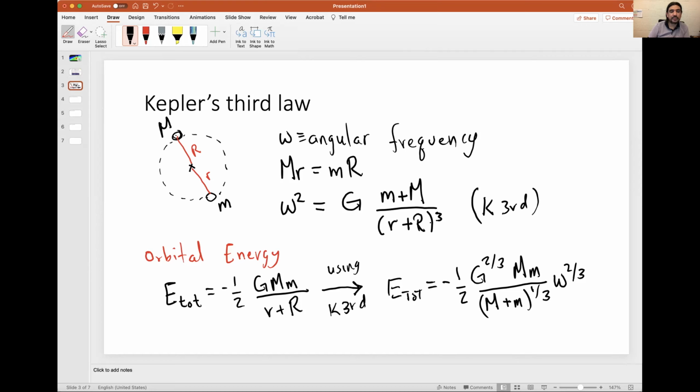So if you look at this one, for instance, I have omega squared on this end, but if I go 1/3 over here, then what I would get is G 1/3 and then capital M, little m 1/3 down here.